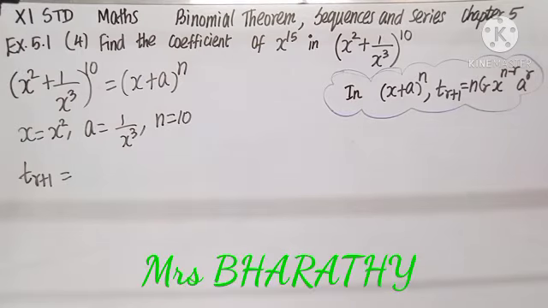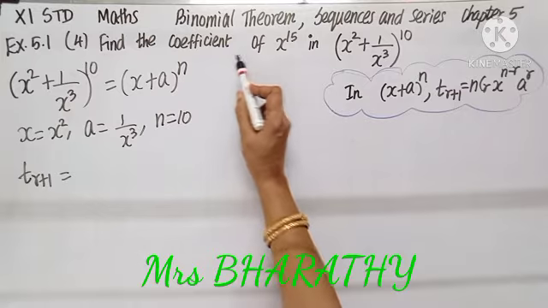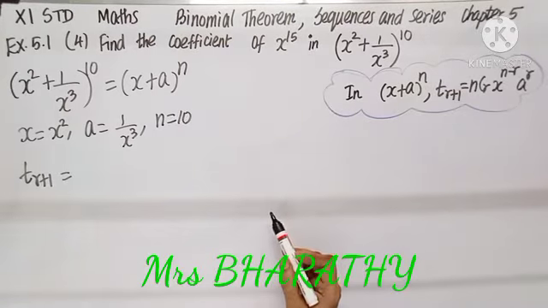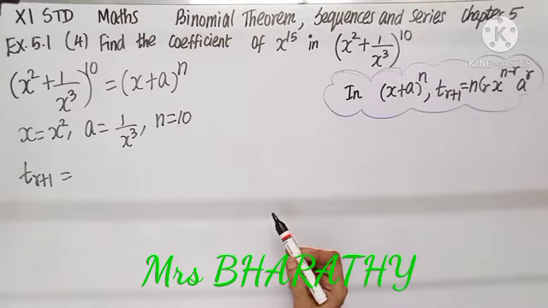Good morning, children. We proceed with chapter 5, problems based on binomial theorem. In today's class, we are going to discuss problems to find coefficient of a given term or a constant term or a term independent of x or middle terms.